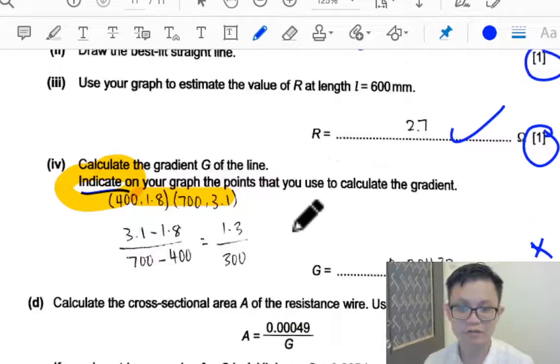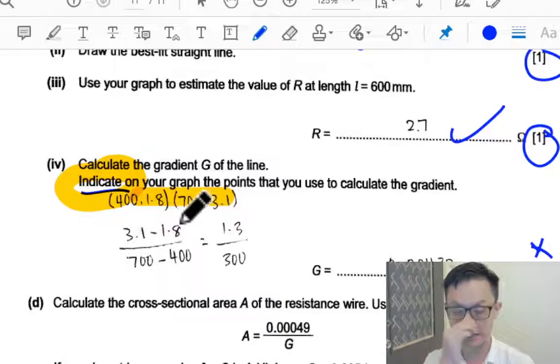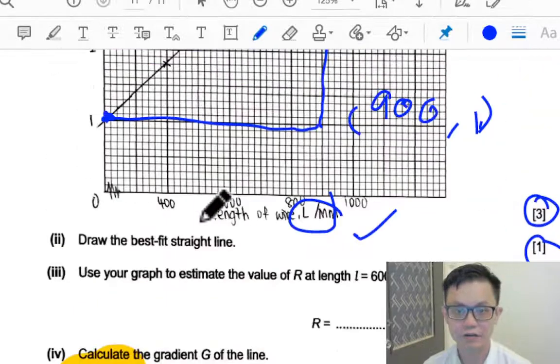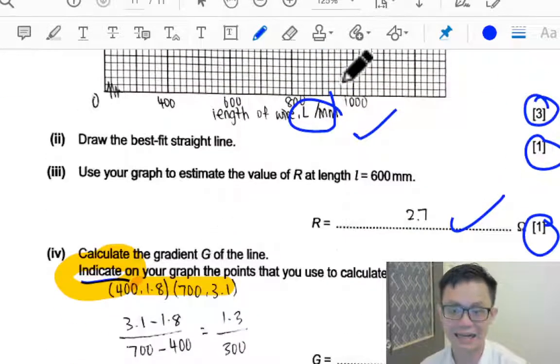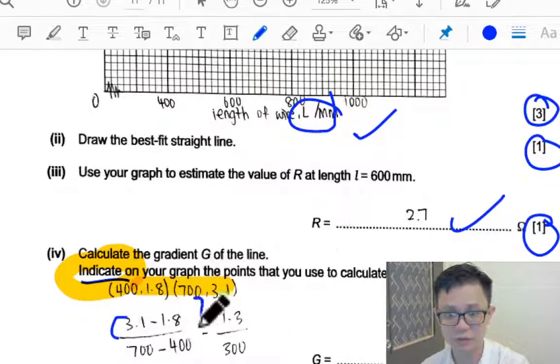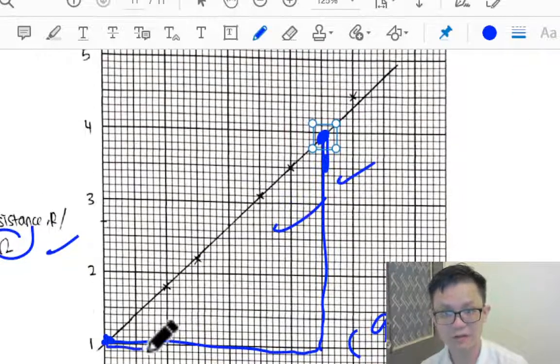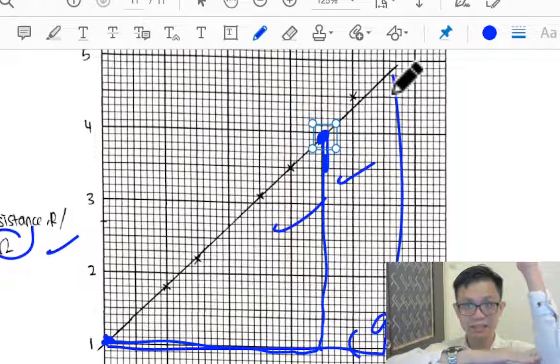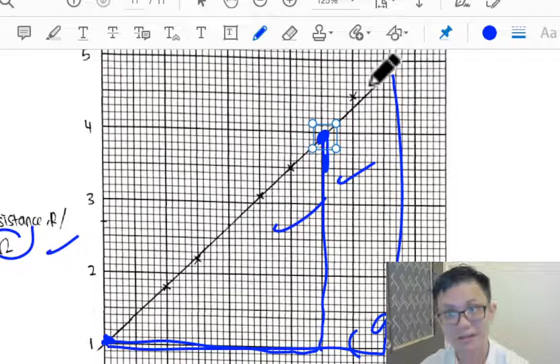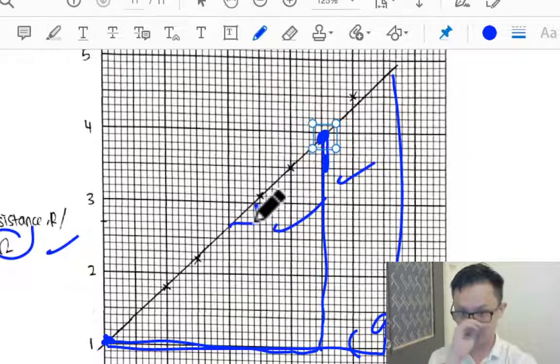Okay, this is one mistake that students make in science also: you cannot use too small a graph. I cannot see the graph, but now after I talk I know this graph is too small. It must be big. Even like this is even better. The reason you want it big is that you will get a more accurate gradient. If you do like that, it is not accurate.